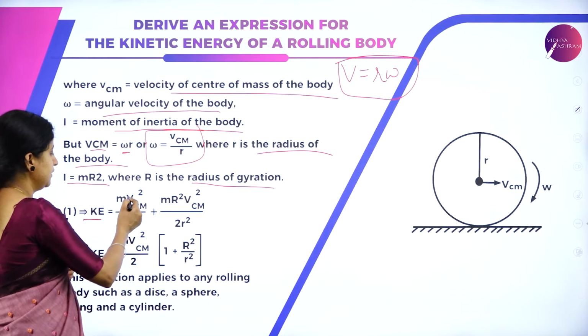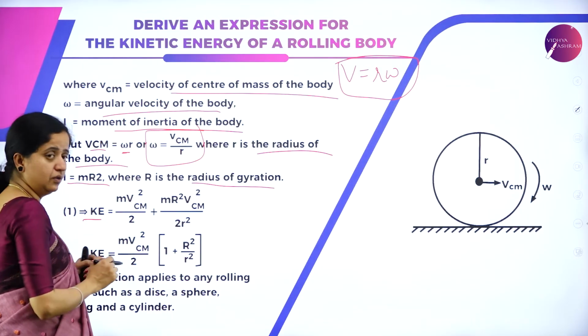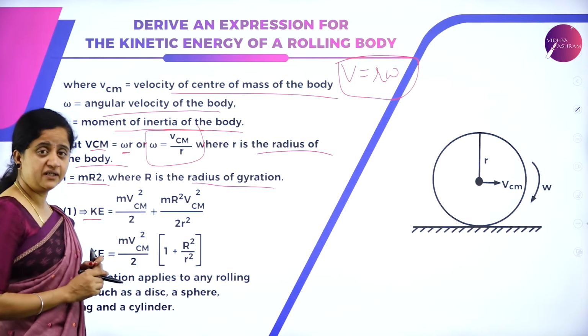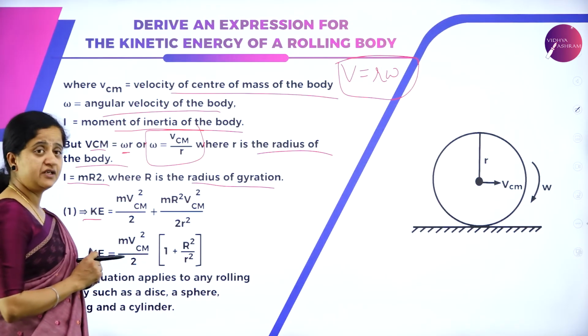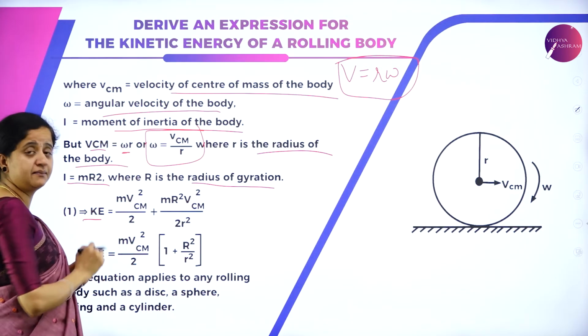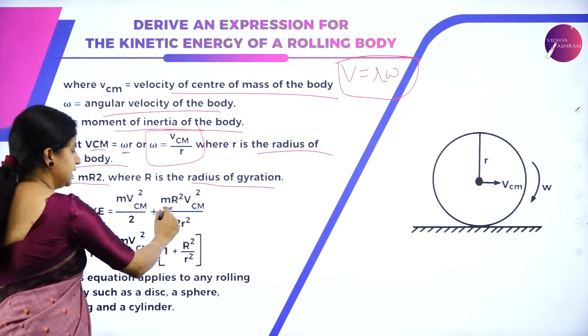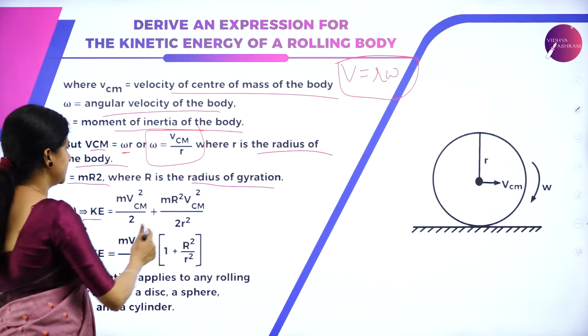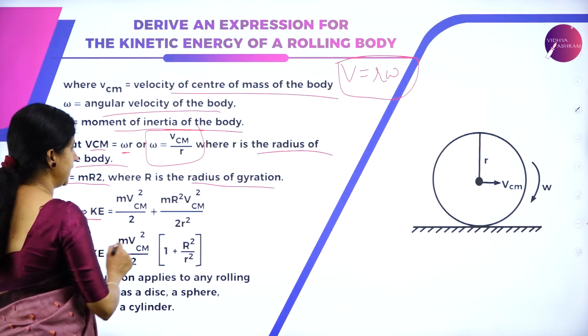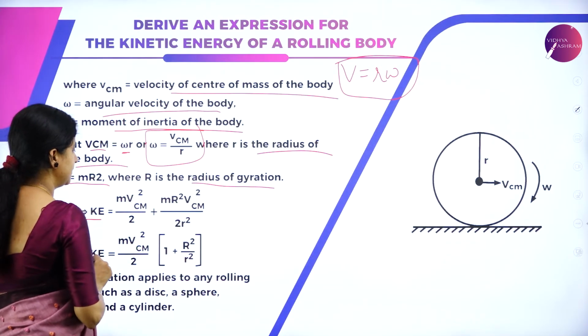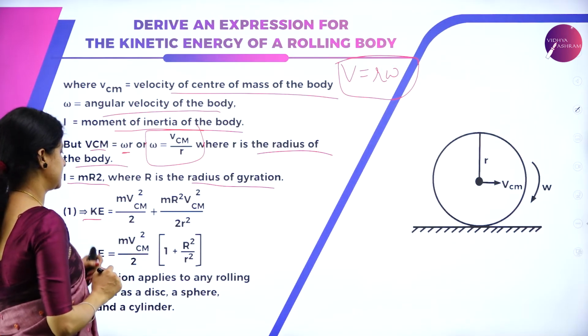Kinetic energy is equal to m v square divided by 2. Here v is the velocity of the center of mass, and hence it is m v_cm square divided by 2, plus the kinetic energy of rotational motion, which is given by m k square v_cm square divided by 2 R square.